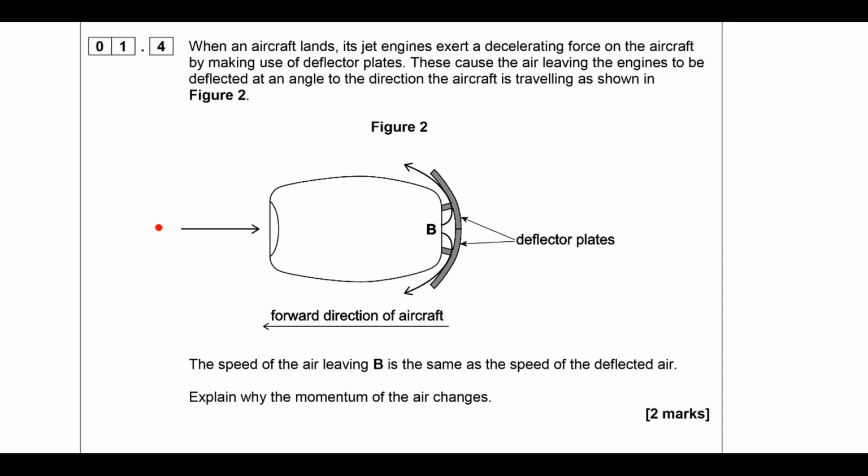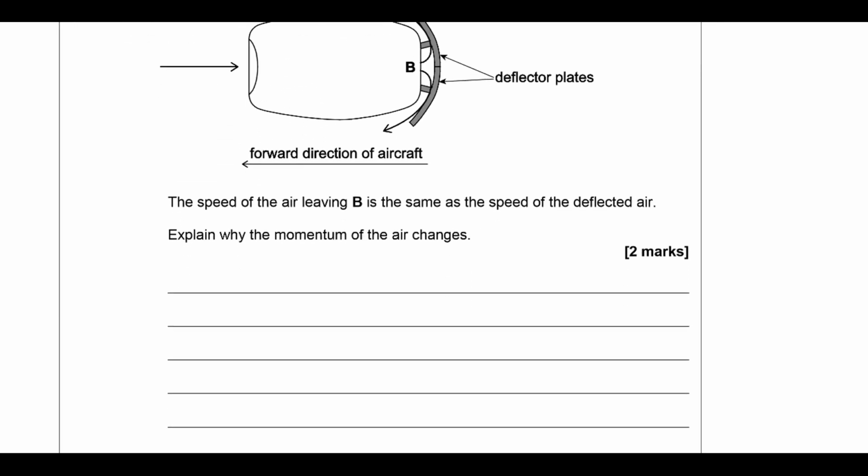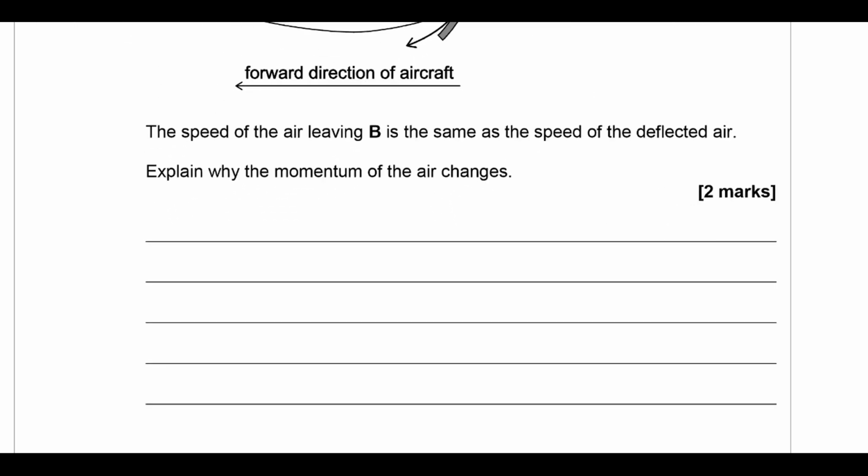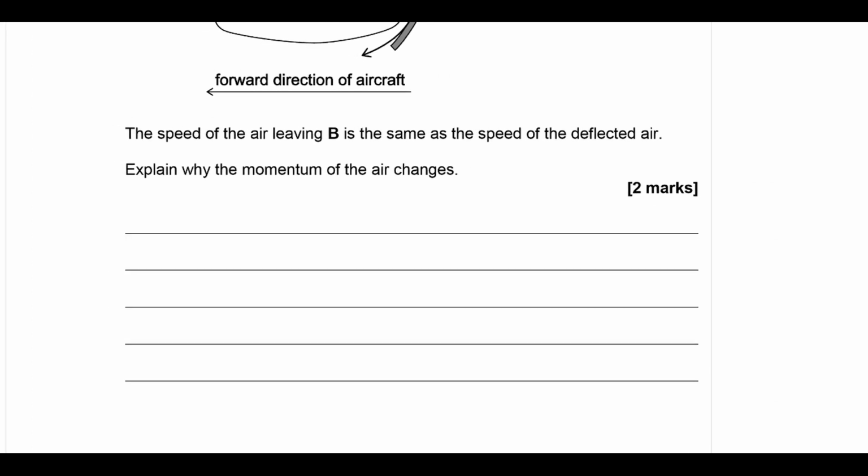So what we can see is the air is coming in here and being deflected like this. Essentially, the deflector plates are applying a force to the left on the air, which means the air is applying a force to the right, against the motion, on the deflector plates. The speed of the air leaving B is the same as the speed of the deflected air.